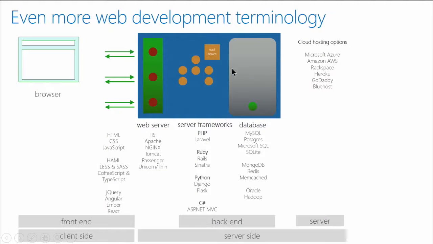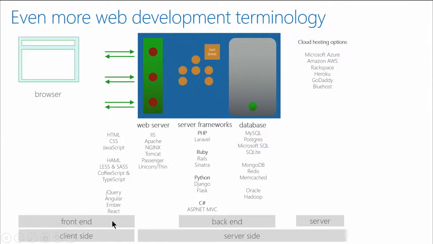But the important piece is that at the end, all of these web applications create HTML, CSS, and JavaScript for the browser to render. Whether I use PHP, Ruby, Python, or C#, at the end, it's all HTML, CSS, and JavaScript. I can store that data in different places. It doesn't really matter.